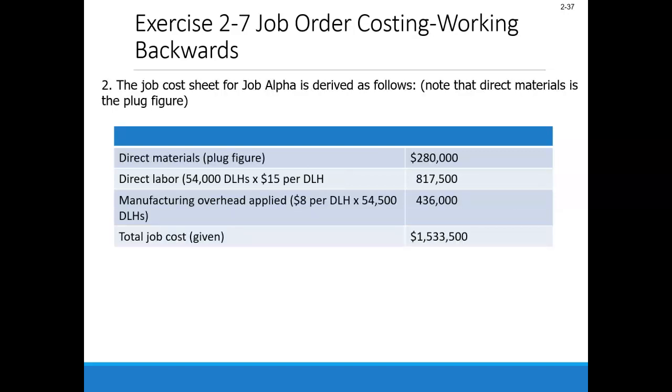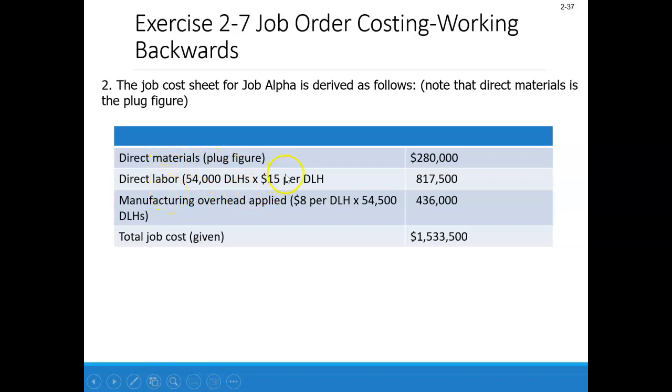So the job cost sheet for Alpha, we know it's going to be $8 an hour, and they told us the actual direct labor hours are 54,500 hours. So we can take our $8 to come up with the manufacturing overhead. They gave us the 54,500 actual direct labor hours.